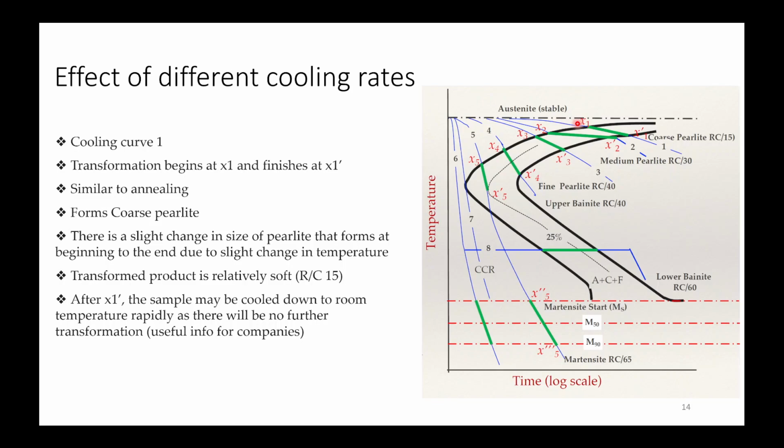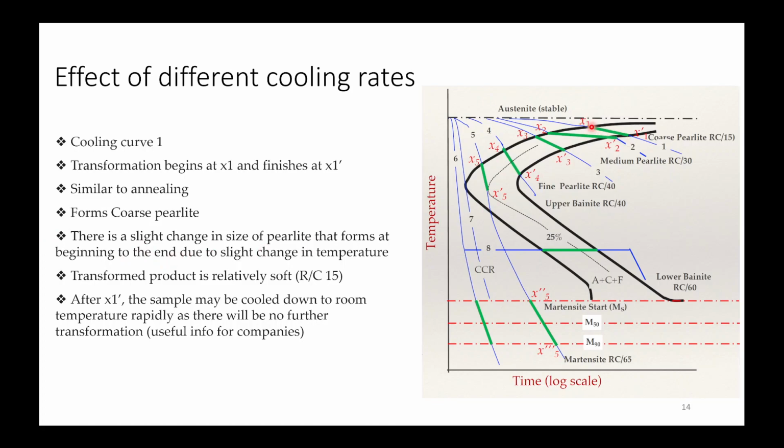Now at x1, transformation will start and your percentage of pearlite will keep on increasing as you are moving further. So it will be completed at x dash 1. It is similar to annealing and it forms coarse pearlite. There is a slight change in the size of pearlite that forms from the beginning to the end because there is a slight change in temperature.